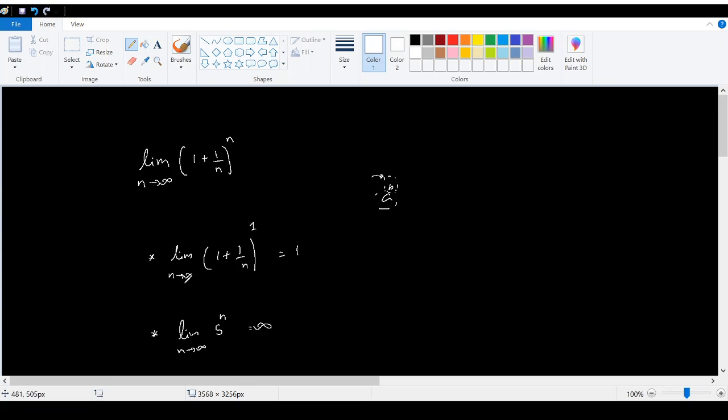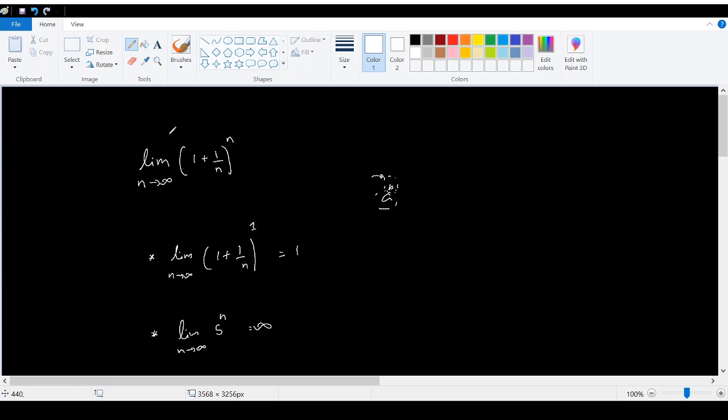So you can substitute whatever the limit is in the base, and in here, since the base does not depend on n, you can directly substitute the value in the power. But in this case, you cannot do such a thing, right? That comes with the limit laws. So a similar approach cannot be taken in order to evaluate the limit of this term.